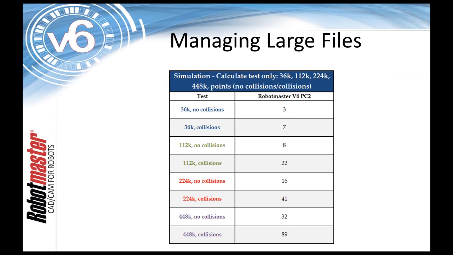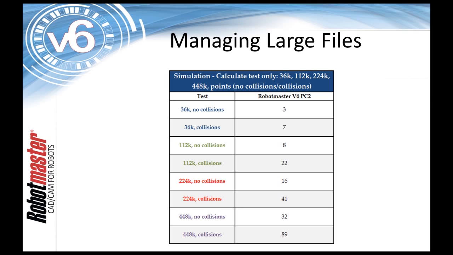Now, when the point number is relatively low, the difference is negligible. For instance, for a 36K point file, without collisions, it took 3 seconds to calculate. With collisions, it took about 7 seconds. For a 112K point file, 8 seconds without collision and 22 seconds with collisions.